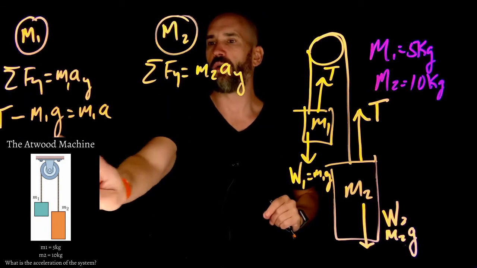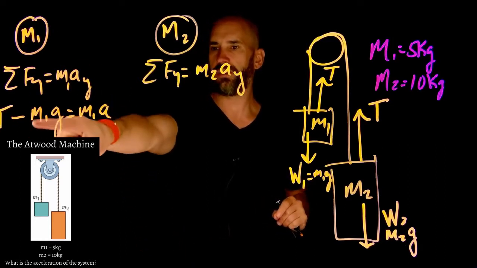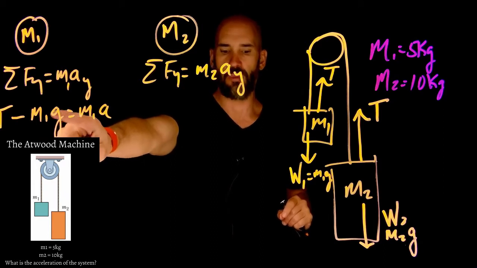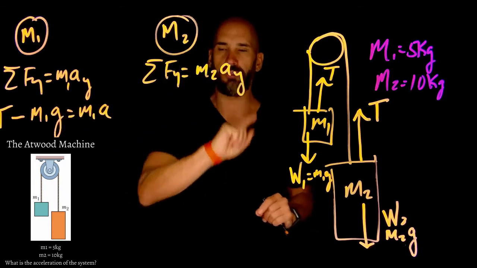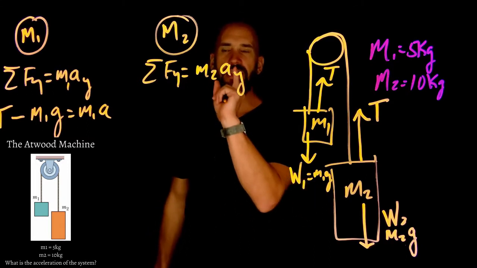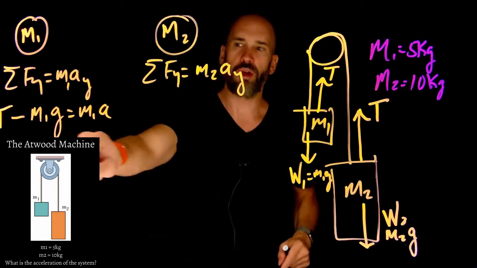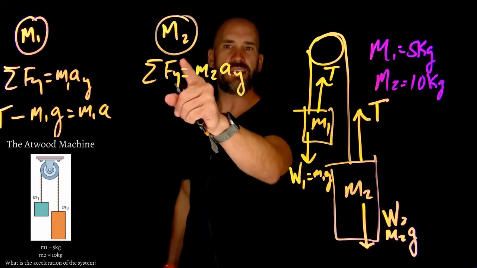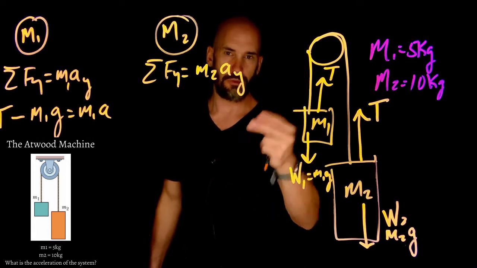So now I have my one equation down. The only thing that I know here is M1, which is 5, and G, which is 9.8. T and A are both unknowns. Okay? And this is why we ended up doing the analysis for both. I have one equation and two unknowns here. I need to get another equation in order to be able to solve two equations, two unknowns.